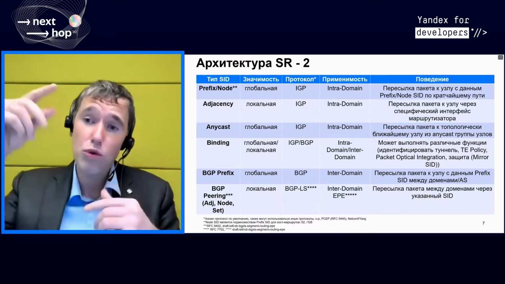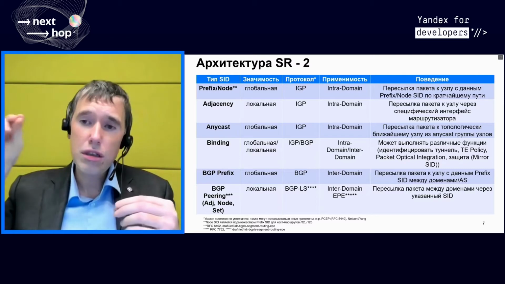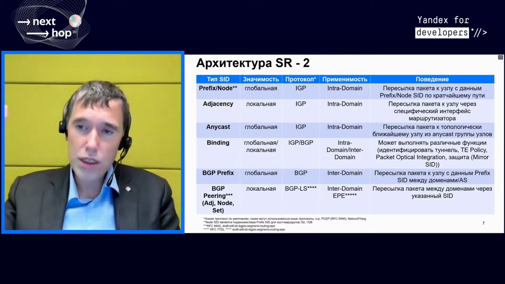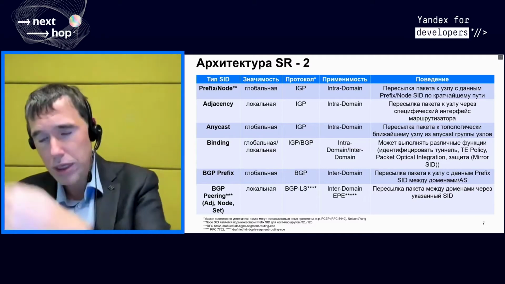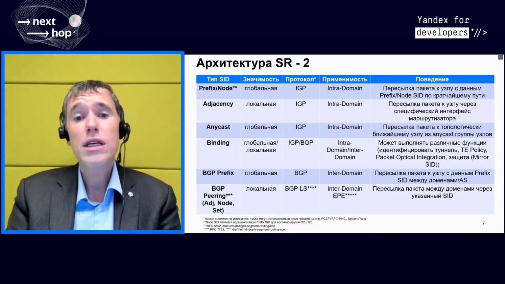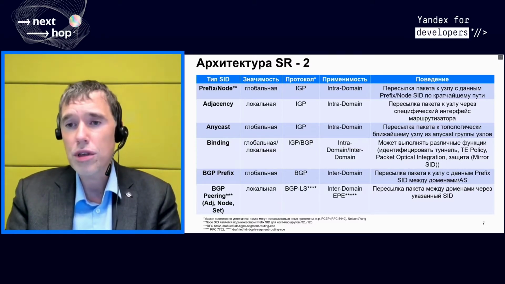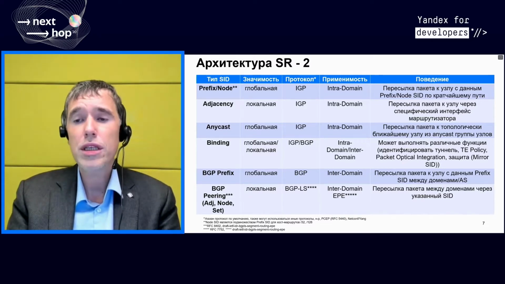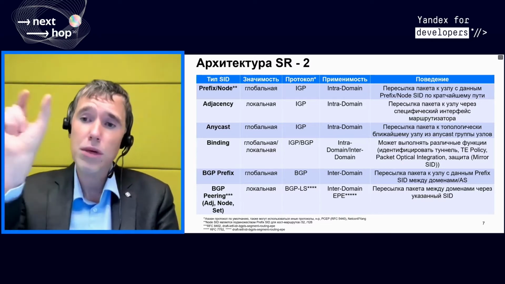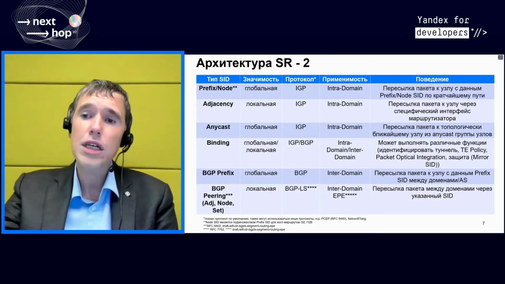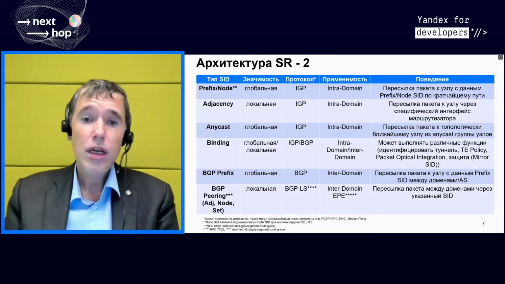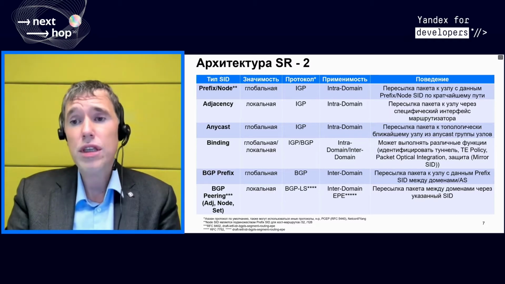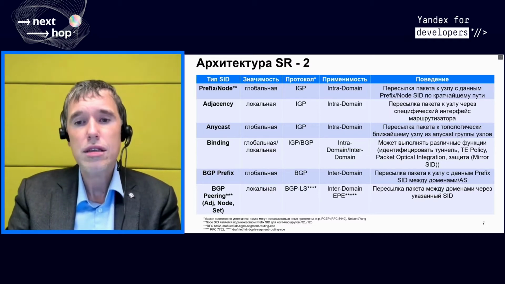There is also a method that identifies the router's interface. We can identify a segment which is connected with a specific router's interface. There is also another method which is pretty convenient, and this is called Anycast. And there is also the binding SID.